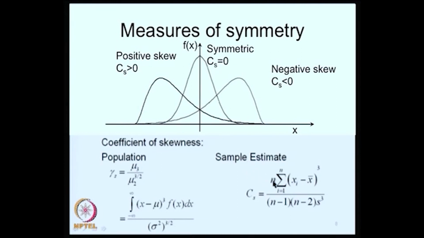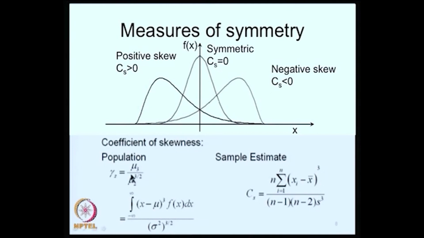Now, we start increasing the power of n in the numerator, and start increasing the terms in the denominator. For the variance, we had n to the power 0 and here we had n minus 1. For the skewness, we put n to the power 1 and increase another term here, n minus 1, n minus 2, and this s cube corresponds to the sigma cube here. So, we are essentially normalizing this term with the standard deviation to the same power.